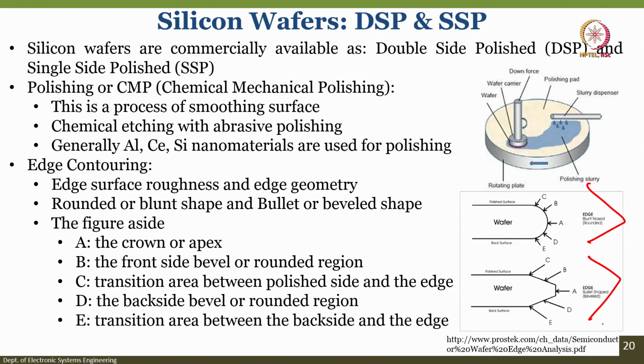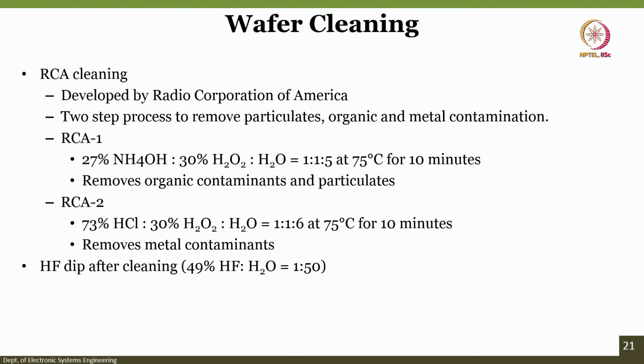A shows the crown or apex, B shows the front side bevel or rounded region, and C is the transition area between the polished side and the edge. You can see here this C, and then you have D, which is a back side bevel or rounded region, and finally E, which is the transition area between the back side and the edge. So, this is how things are defined for single side and double side polished wafers.